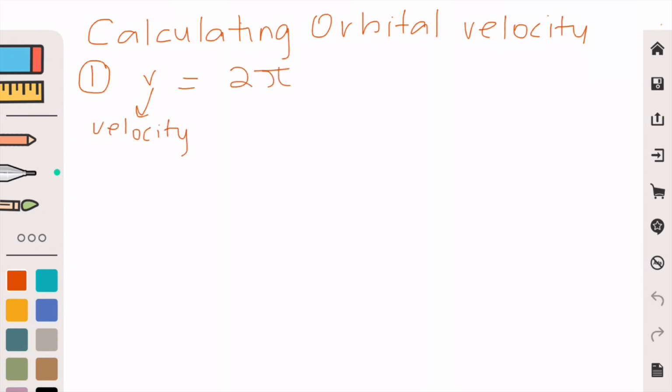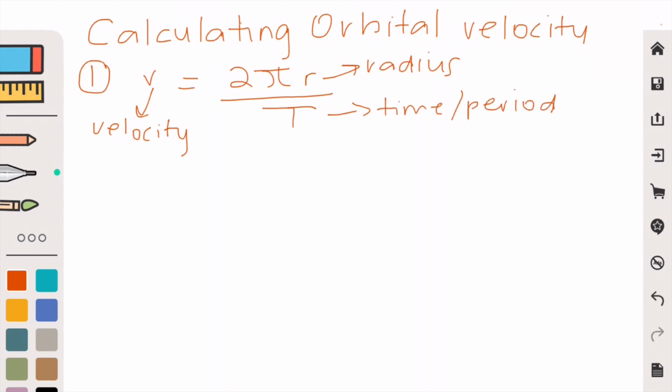Now there's two ways of calculating the orbital velocity, and the first way we're going to be using is V equals 2 pi r over t. V obviously standing for velocity, r standing for the radius of the orbit, and t standing for time or the period.